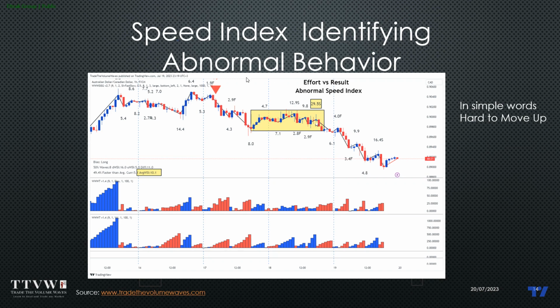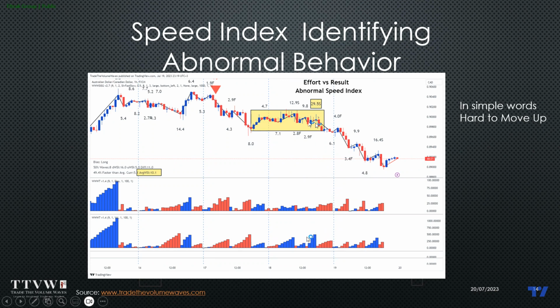Well, the story says that since we broke down this range, this was a hard to move up situation. So all the buy orders were absorbed with sell orders. So effort versus result here on this specific wave, which is not so visible down here.